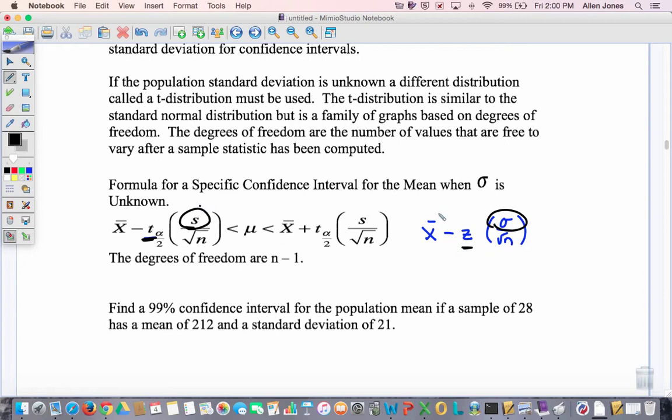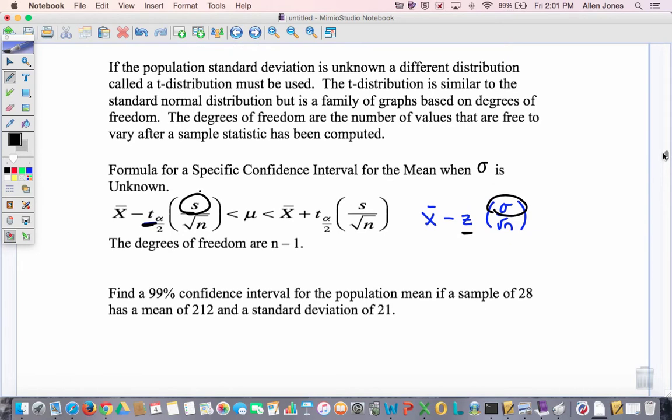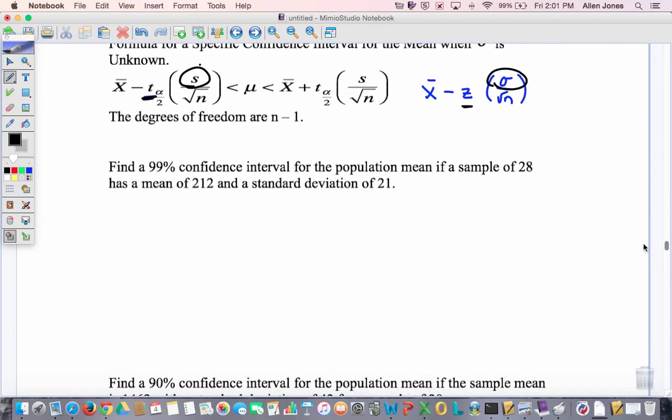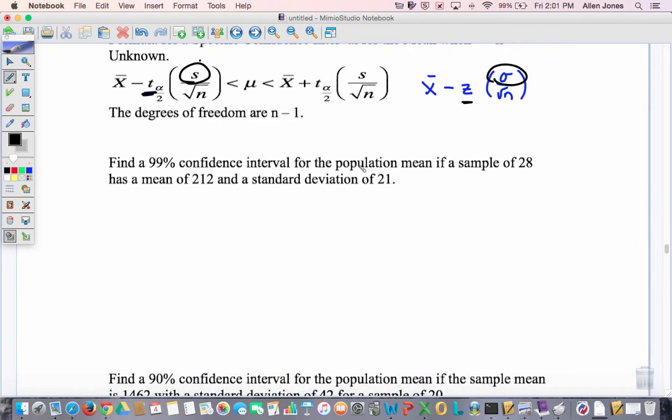That one item alone tells us to use a different table. Running through our first example here: find a 99% confidence interval for a population mean of a sample of 28 that has a mean of 212 and a standard deviation of 21. Noticing here our standard deviation is of the sample of 28, so it's a sample standard deviation, or s.